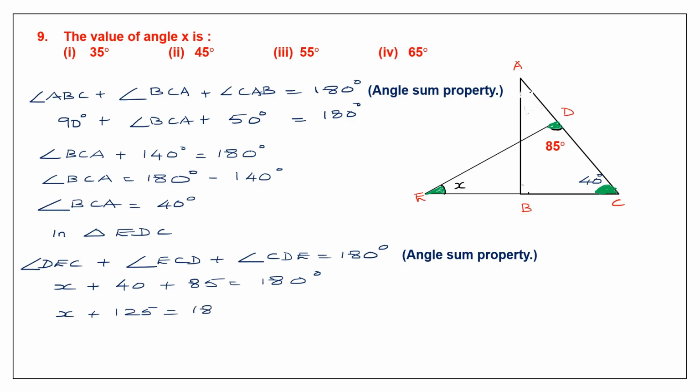This is equal to 180 degrees. That means the value of x is 180 degrees minus 125 degrees. X is equal to 55 degrees. So this is our answer, 55 degrees, and that is option 3, 55 degrees.